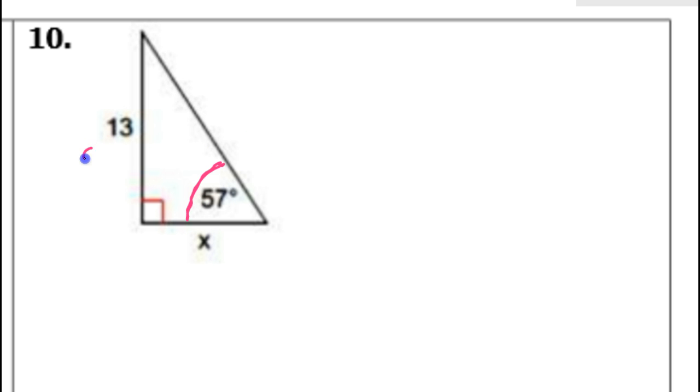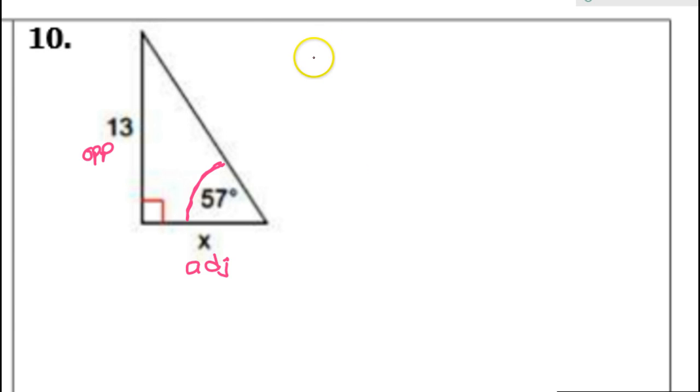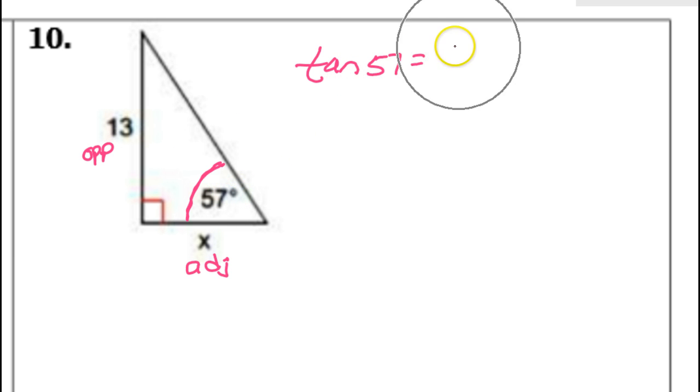So this 13 is the opposite leg because it's across from the angle. This x is the adjacent leg because it's right next to the angle. Opposite and adjacent, that's the tangent function. So we will say tangent of 57 is equal to opposite over adjacent.